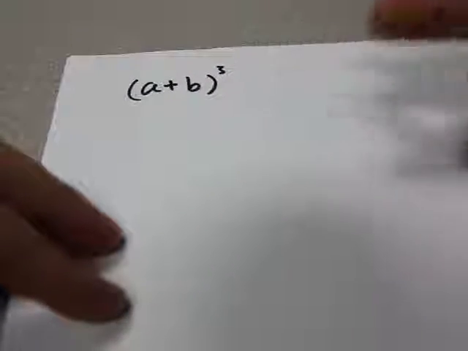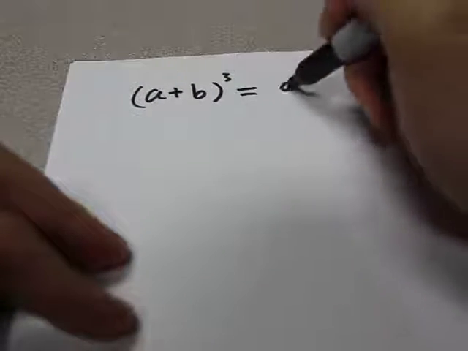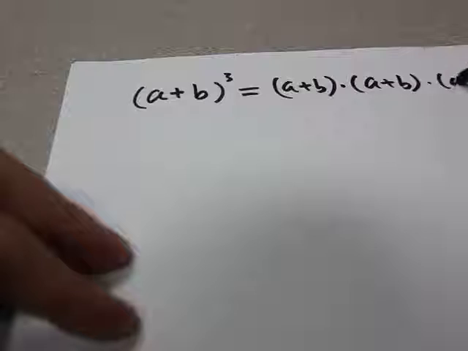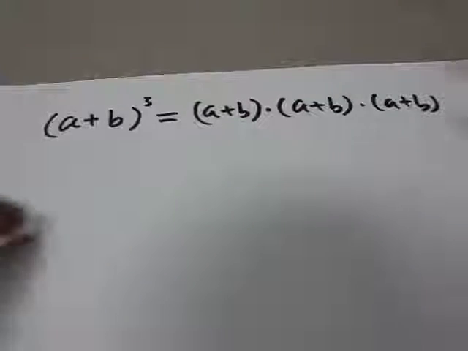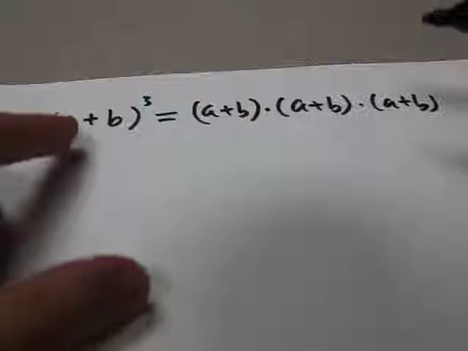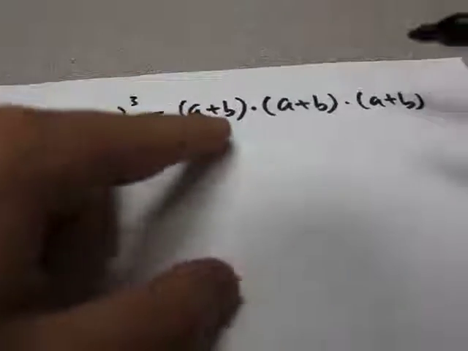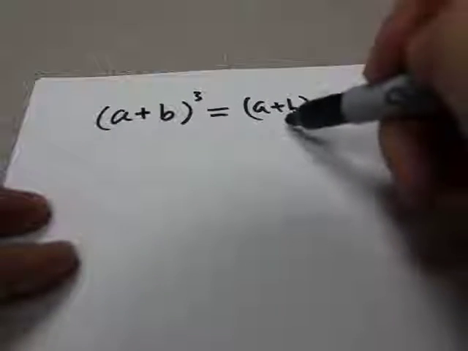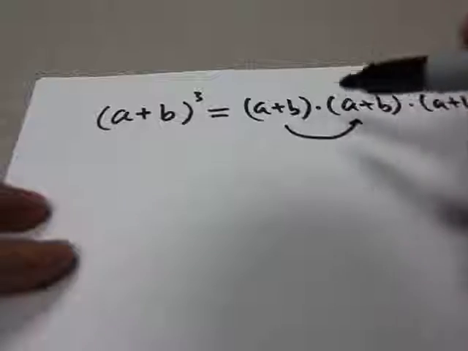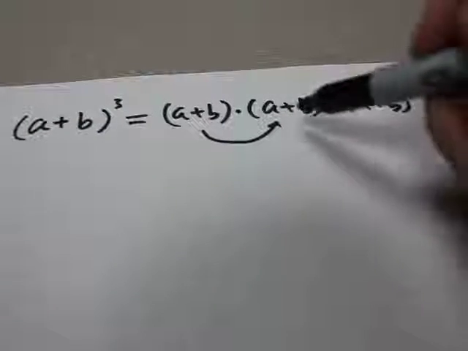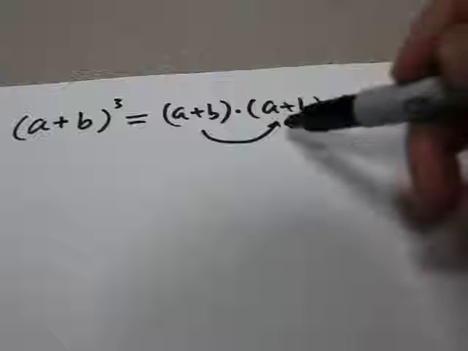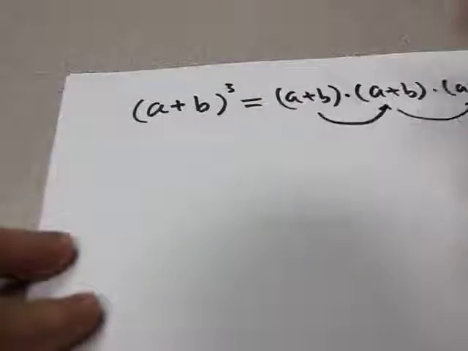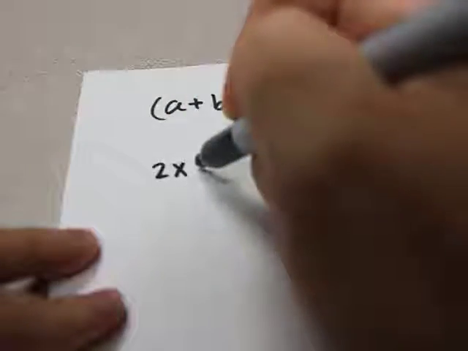One way is to write a plus b to the third as a plus b times a plus b times a plus b. First we figure out the product between these two, and then we multiply this result by the third a plus b. Now let me show you one example.